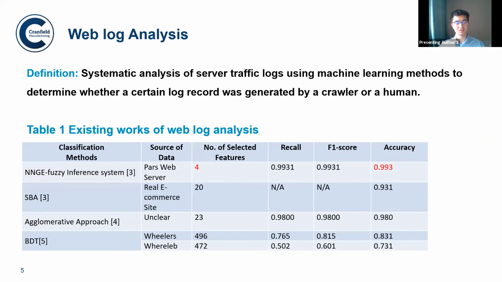This leads to the second challenge in the field, which is positive case labeling. To be more exact, we do not have a standard dataset for web robot logs for machine learning. I think it is necessary to build a standard dataset with the labels so that a newly developed system could be tested on it.